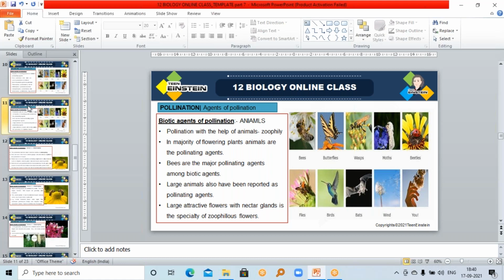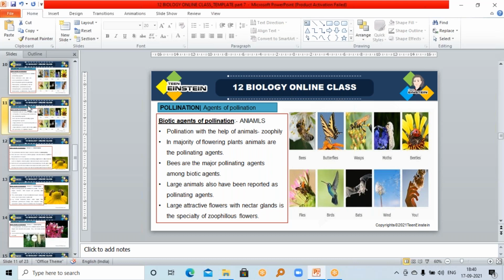So what attracts these animals and insects for pollination? What are the characters of zoophilous flowers? They have large, attractive flowers, and these flowers have nectar glands. Most of the flowers pollinated by animals are large, colorful and attractive.